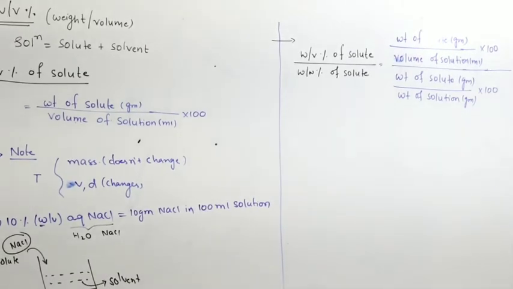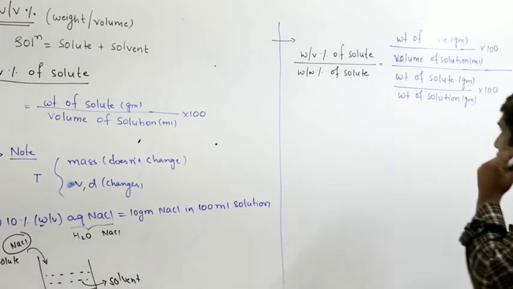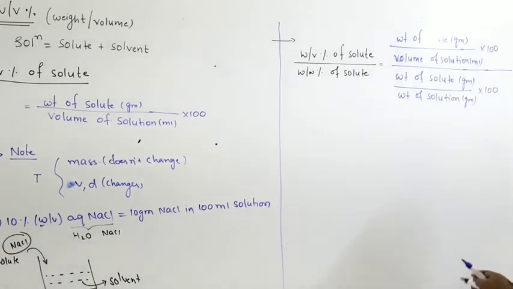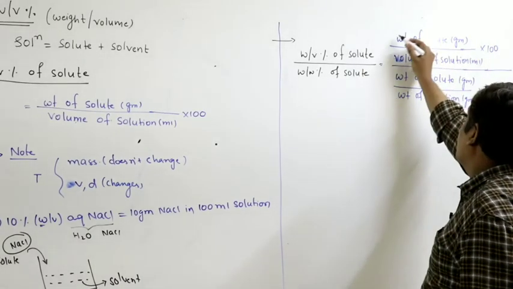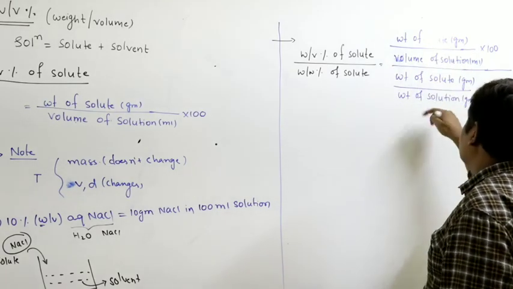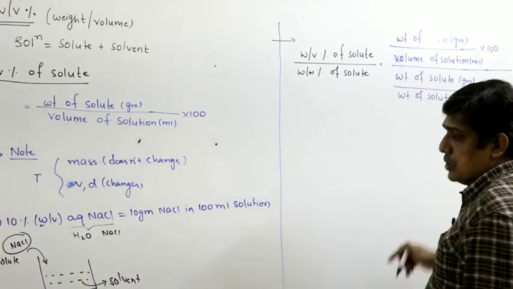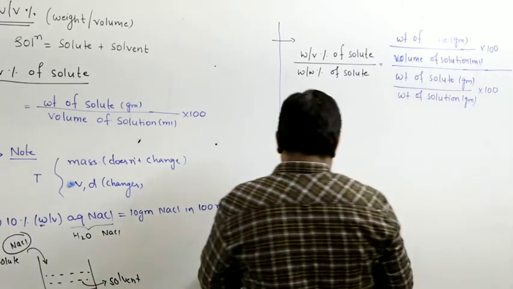So I have taken the ratio of two known definitions, weight by volume percentage to that of weight by weight percentage. Now what I can do? I can cancel weight of solute, and the 100 will be cancelled.